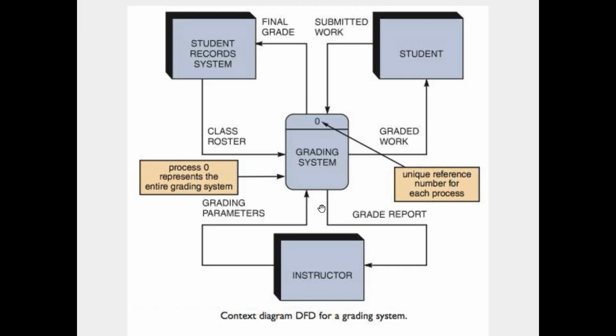So once you have the library system, you can have the external entities around this library system. And then you can draw arrows to indicate their interactions. When you say interactions, you can use flow lines to indicate what data actually flows. For example, we can have student details.